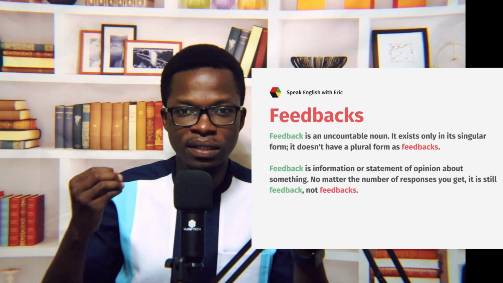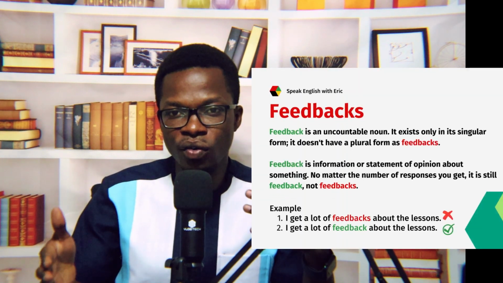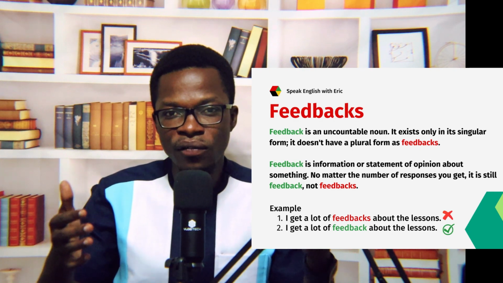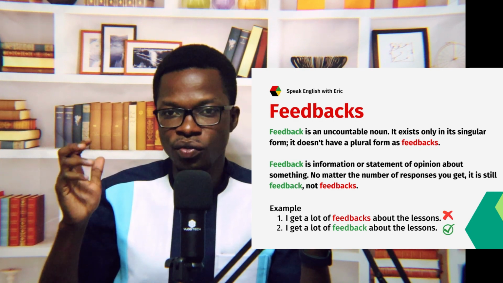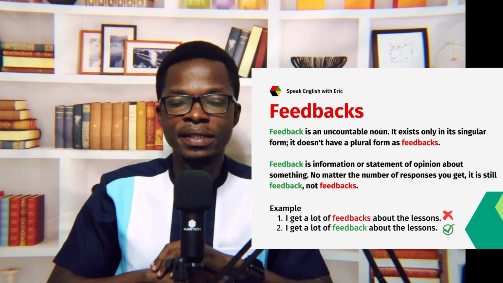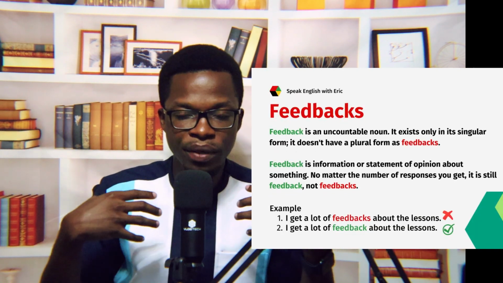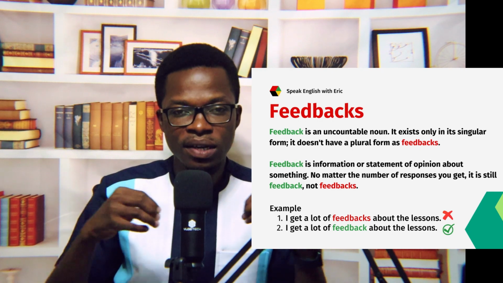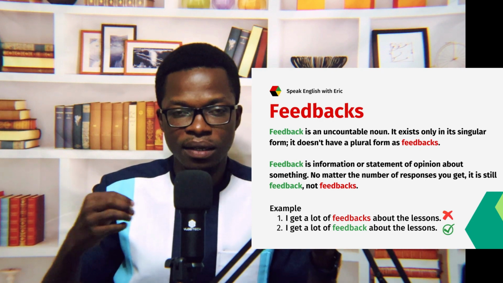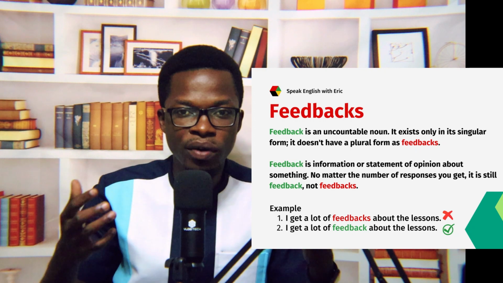So feedback is an uncountable noun, so it exists only in the singular form. There is no plural form as feedbacks. No matter the number of responses you get from people or opinions you get from people, it is still feedback, not feedbacks.